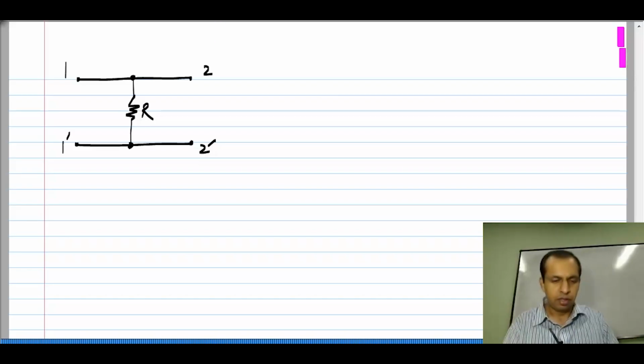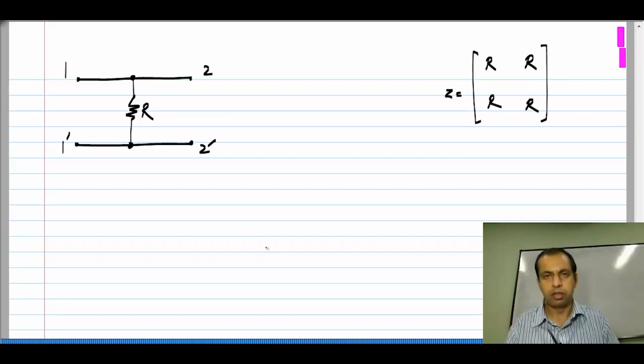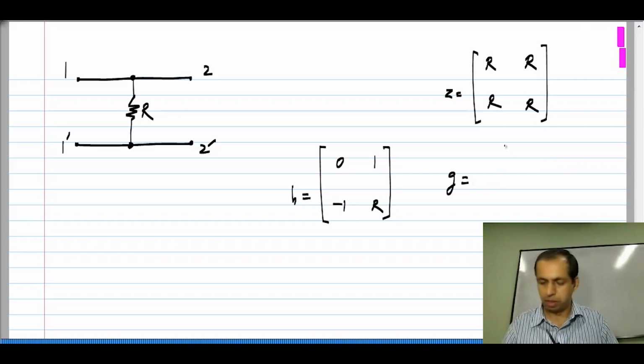Now, in this case, you will find that the Z parameters will be R, R, R and R. The H parameters will be 0, 1, minus 1 and R, and the G parameters will be 1 by R, minus 1, 1 and 0.